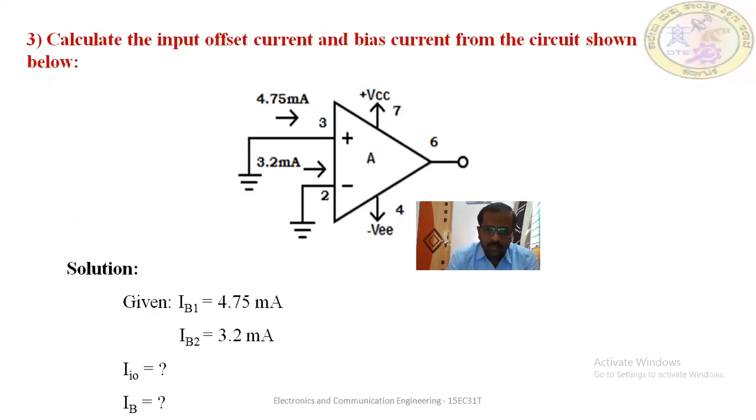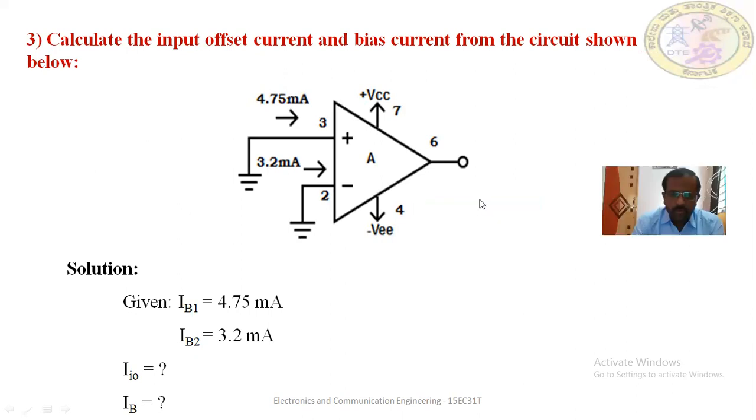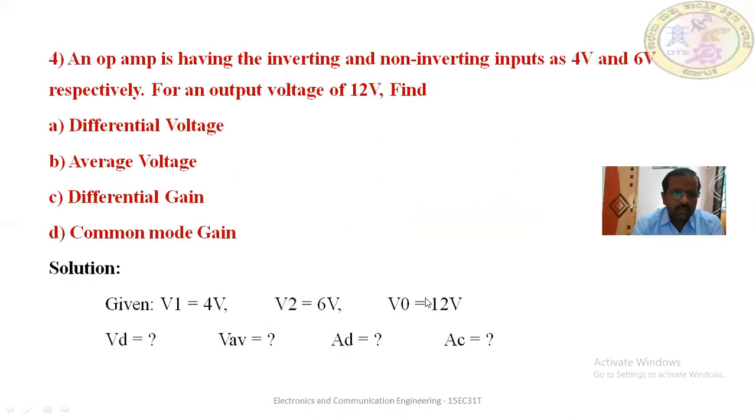If you move on to the next problem, an op amp is having the inverting and the non-inverting input as 4 volts and 6 volts, respectively.